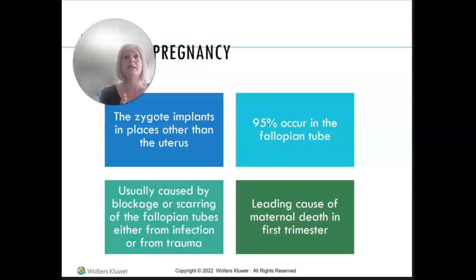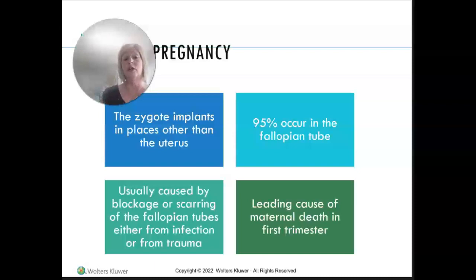And many times it's going to be because of scarring. It's going to be something that prevented that baby from getting through that tube. Maybe mom had pelvic inflammatory disease and she had some scarring of her fallopian tubes. That can cause that. Maybe mom had some trauma and didn't even know this had occurred.